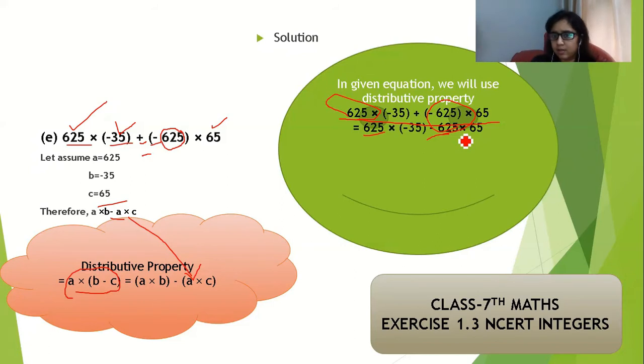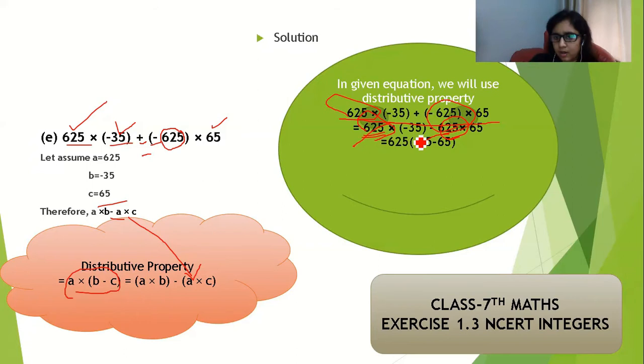Why have I done this? Because I have taken 625 as a, not minus 625 as a. So in my next step I will take this 625 outside the bracket. So my equation will become 625, and if I take this 625 outside, what numbers are left?